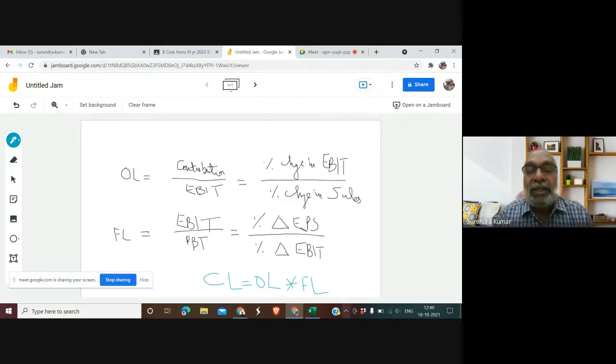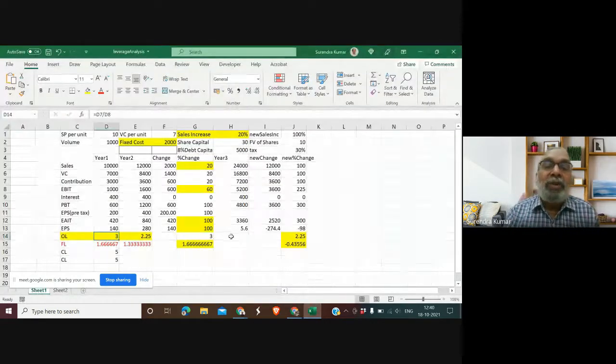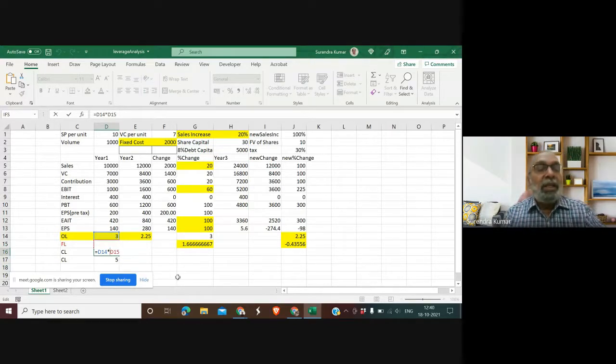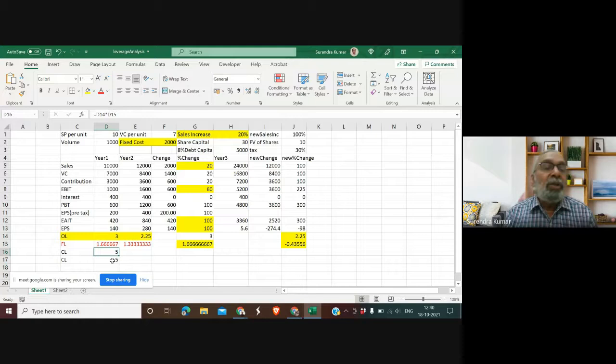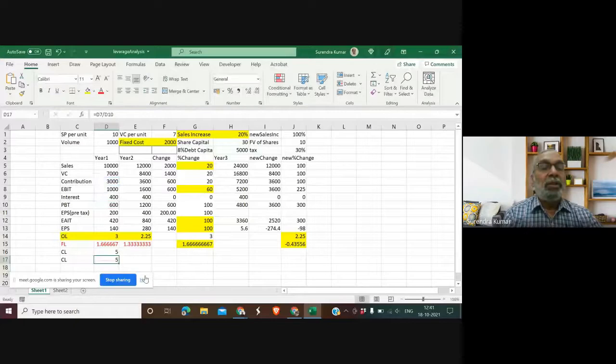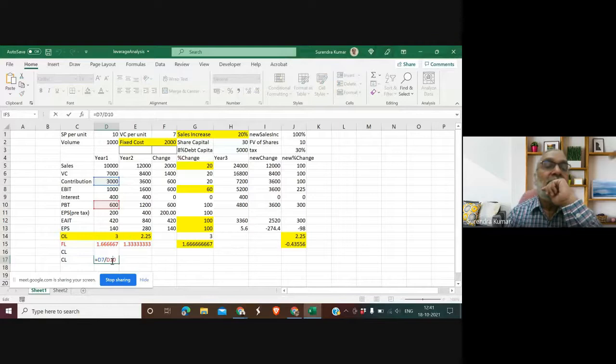If you look at your Excel sheet, you may find that yes, it can be said like that. Like here, I have calculated this into this, which is from the two leverages, and I have also calculated using contribution over profit.